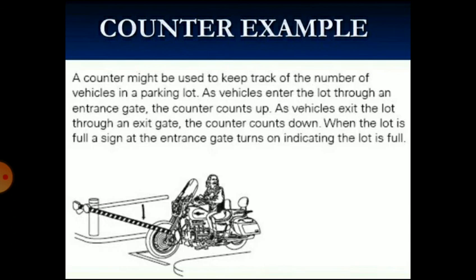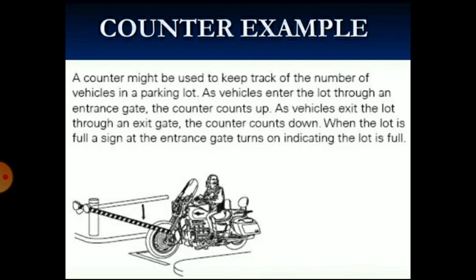In the counter example, a counter might be used to keep track of the number of vehicles in a parking lot. As vehicles enter the lot through an entrance gate, the counter counts up. As vehicles exit the lot through an exit gate, the counter counts down.